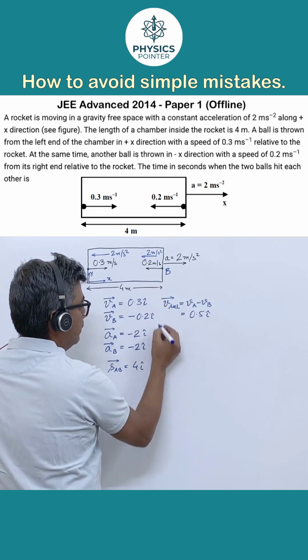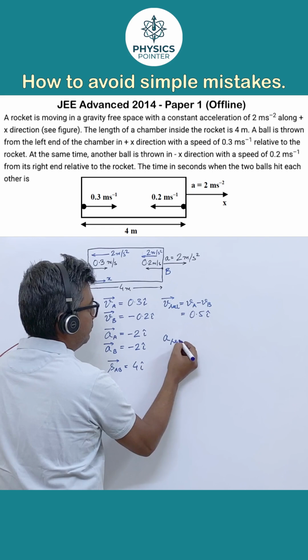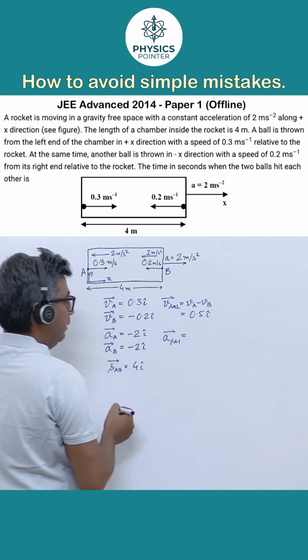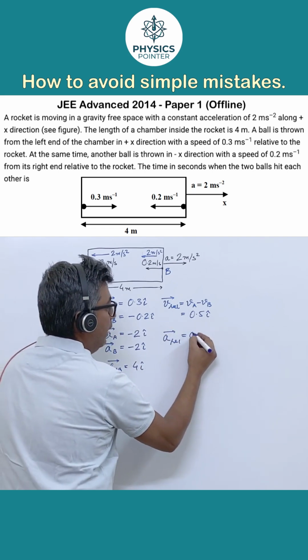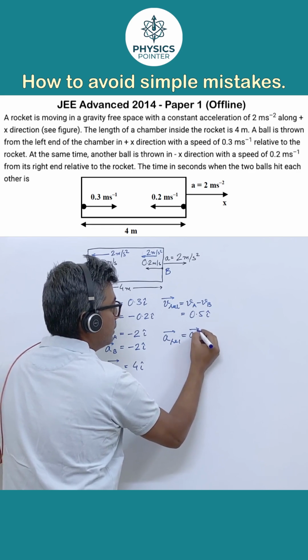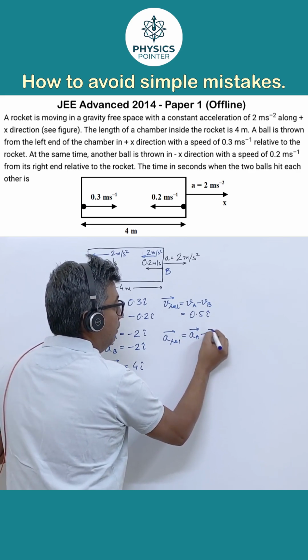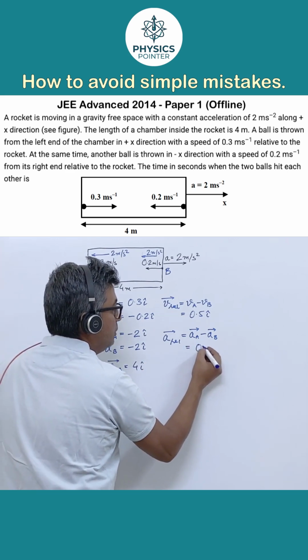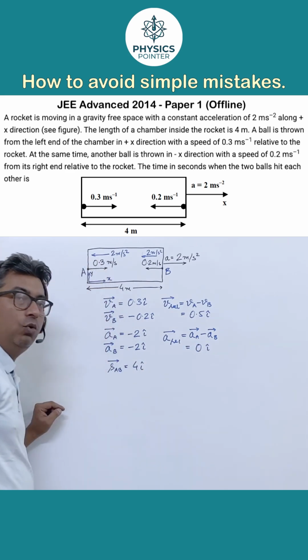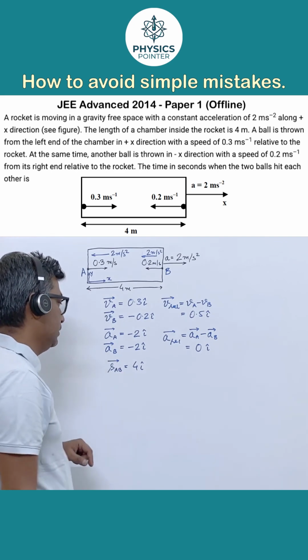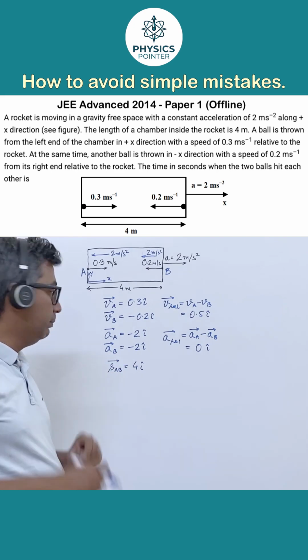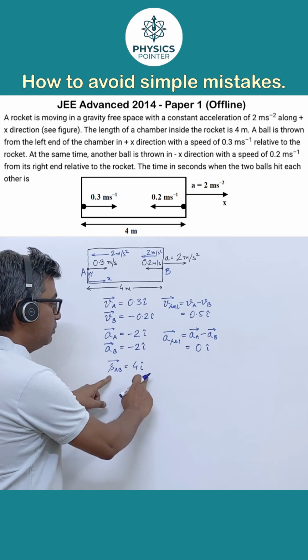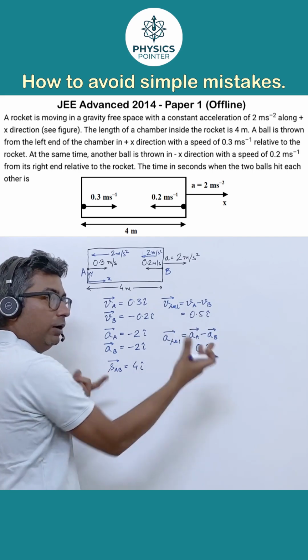Similarly, for the acceleration, I have to do AA minus AB. Because both of them have the same values, it comes out to be 0i. That means there is no relative acceleration between the bodies. So now the problem is very simple: I have a displacement, I have a velocity, and I do not have an acceleration.